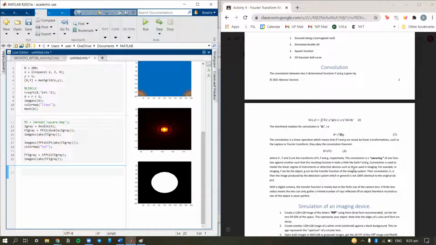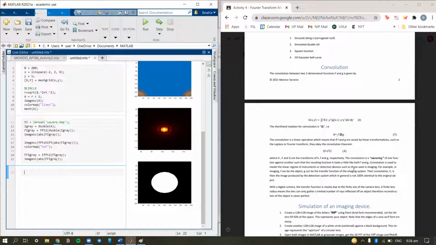Yung G, iyon yung transfer function ng camera or ng telescope. Okay? And yung H, iyon yung image na makukuha natin. So it's not exactly F. It's a distorted version of F. Equation 4 is in the Fourier space. Equation 3 is in the image space. So let's do equation 3.